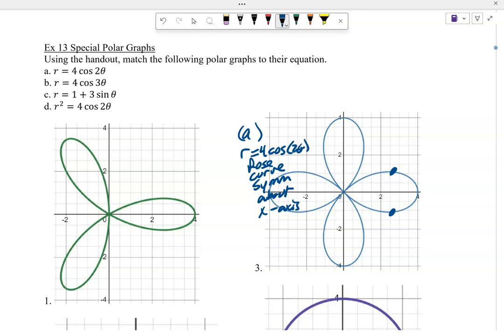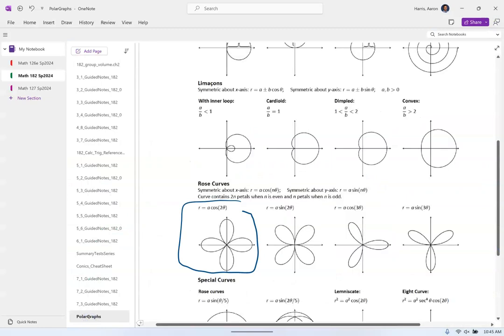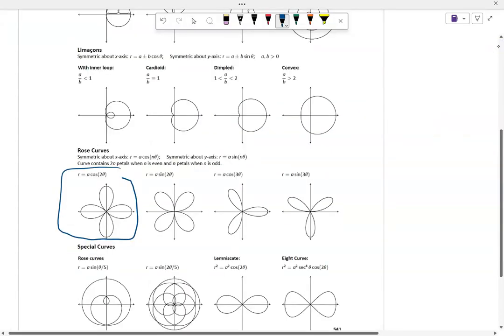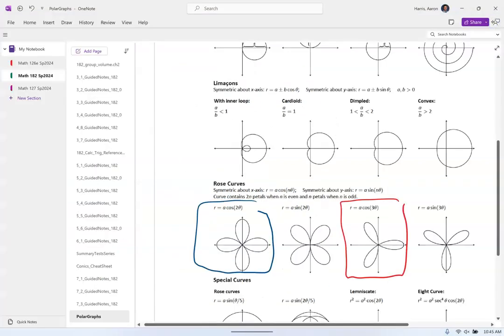Let's look at how about the B? 4 cosine 3 theta. So I look back, this 4 cosine 3 theta, I'm like, that would be right there. And I'm matching that graph.